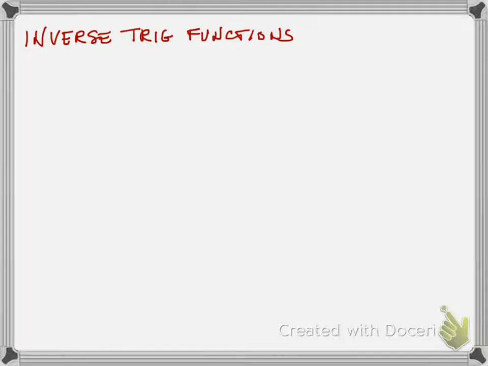I want to start with the definition of a relation, because a relation is the most general type of pairing of inputs and outputs. There are no restrictions on a relation. It doesn't matter whether the input is used twice and output is not used at all.